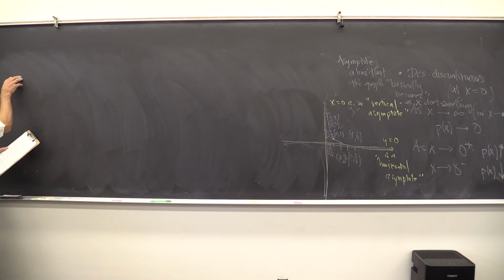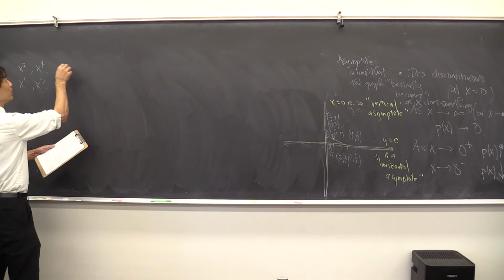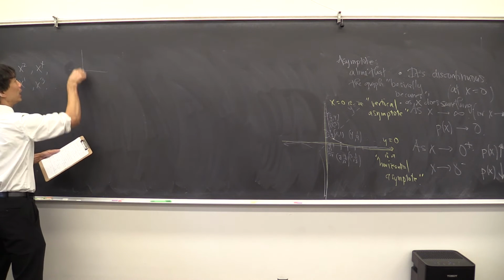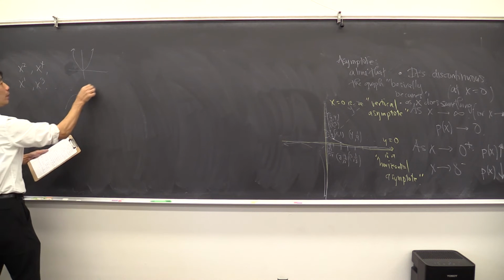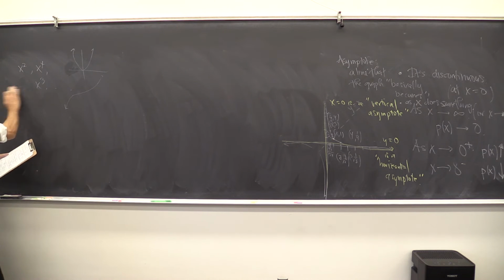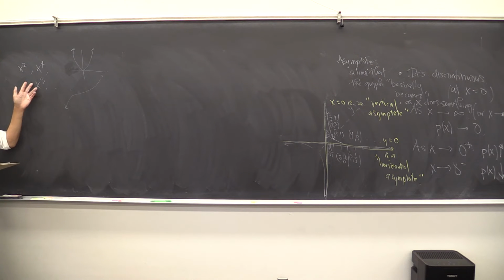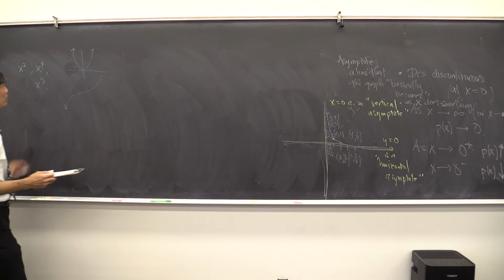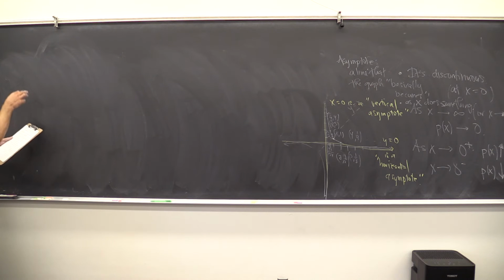Okay. So just like when we were talking about polynomials, we looked at monomials, even monomials and odd monomials, and we said that these guys basically behave like x squared, and these guys look kind of like a cubic, et cetera. We'll make a similar comment about rational functions.